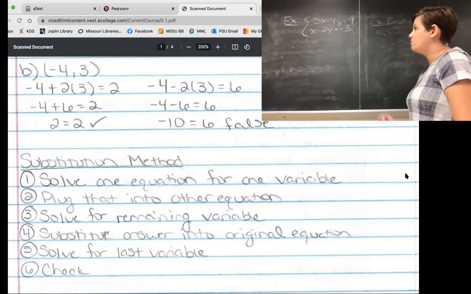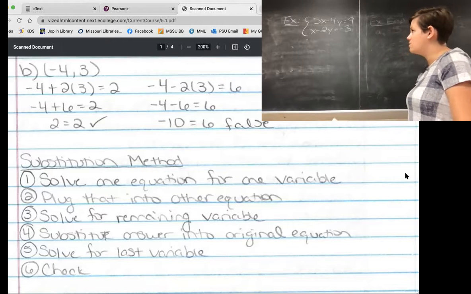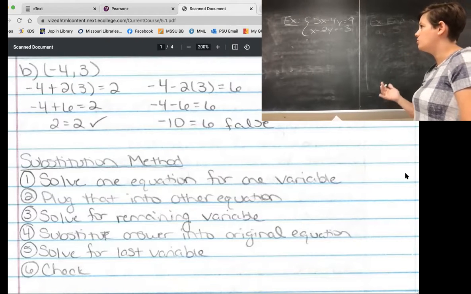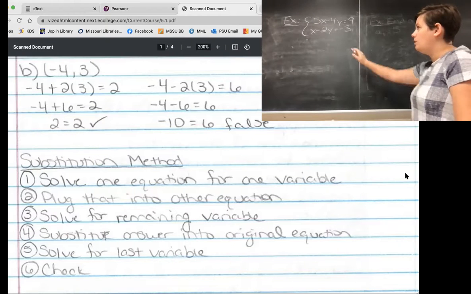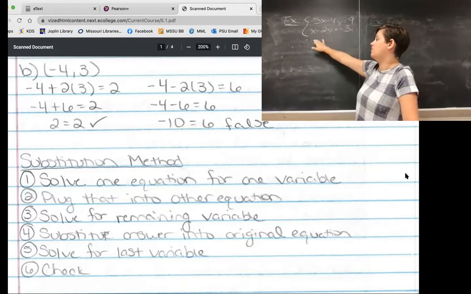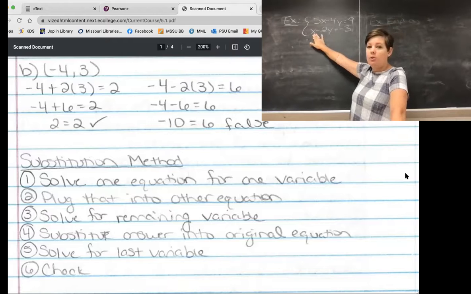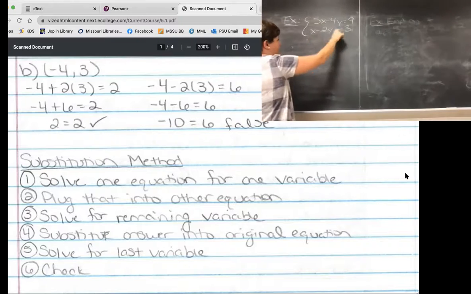So we want to isolate one of the variables in one of these equations. And so I always ask, which variable is the easiest one to isolate? Well, if you look at the second equation, we have x minus 2y equals a negative 3. This x doesn't have a coefficient. It doesn't have anything connected to it, so that's probably the easiest one to isolate. So I would add the 2y over.